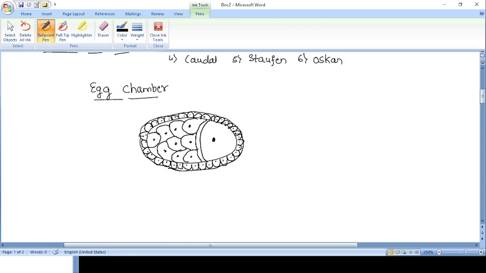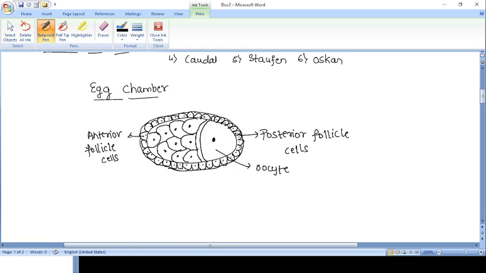These are the anterior follicle cells, and these are the posterior follicle cells. Here is the oocyte, and these all are nurse cells.